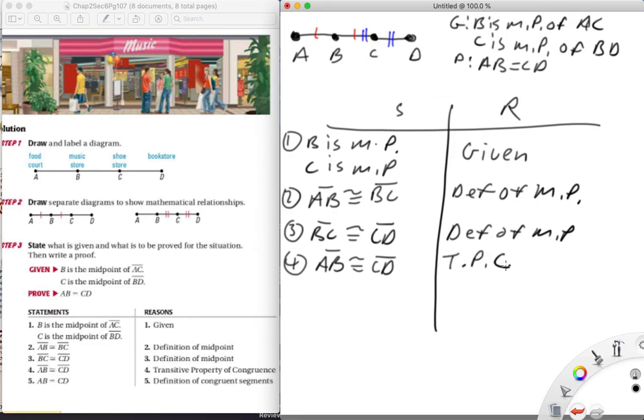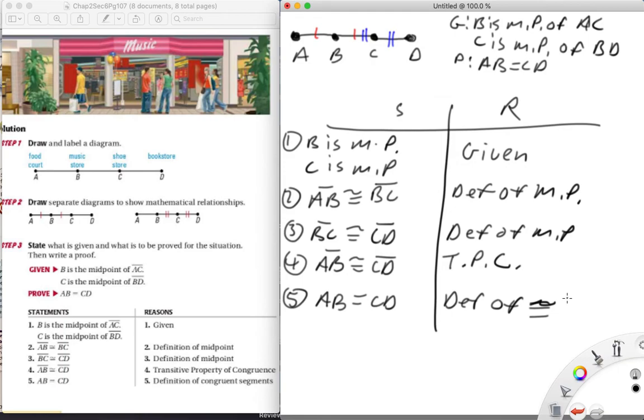In this case, it's of congruency, TPC, transitive property of congruency, because we're dealing with congruent segments. If something is congruent, then something is equal. So then we can say that AB is equal to CD, and that's definition of congruency. It would say congruent segments, but I'm just going to call it definition of congruency.